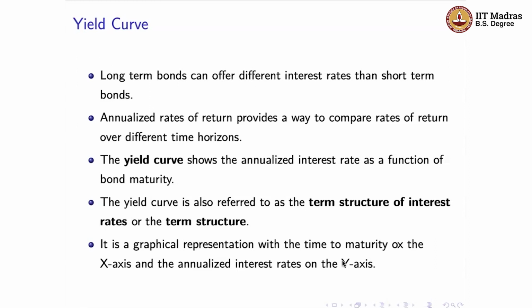This yield curve is also referred to sometimes as the term structure of interest rates, or the term structure. These are terms that you might come across in your reading of the financial press and so on, right? Basically, it is a graphical representation which has the time to maturity on the x-axis and the annualized interest rates on the y-axis. So let's take a look at a particular scenario.